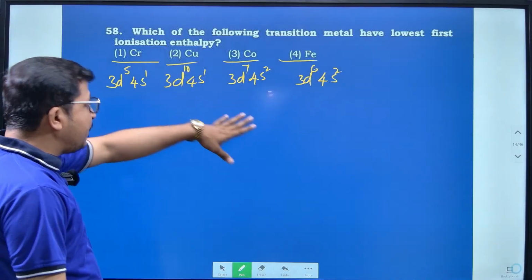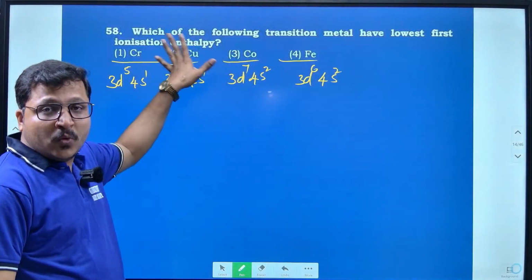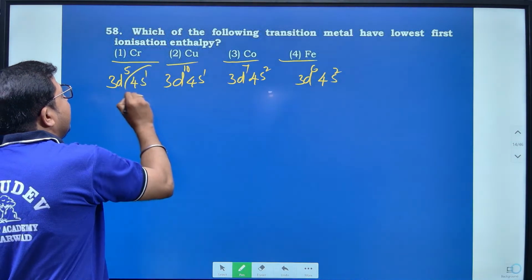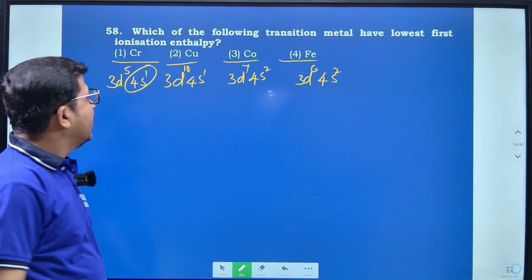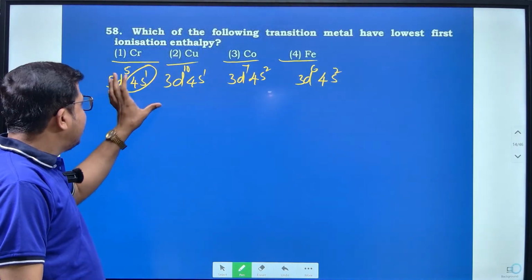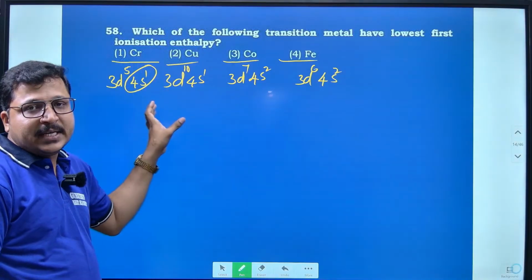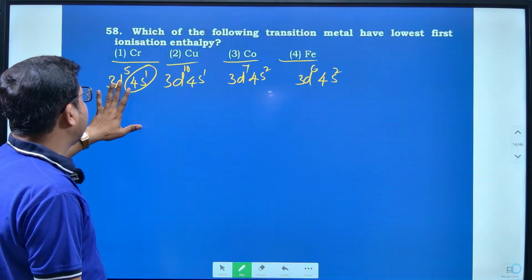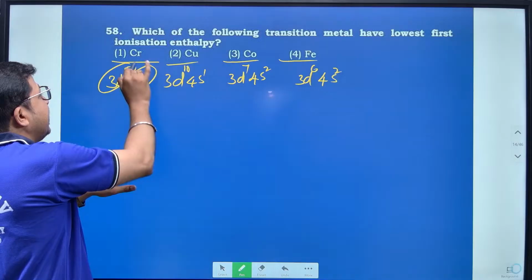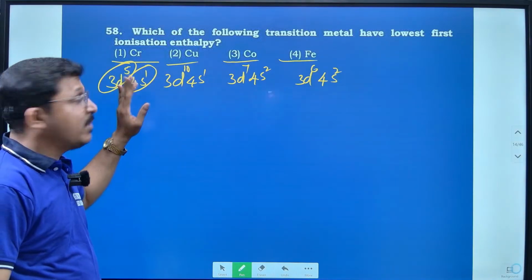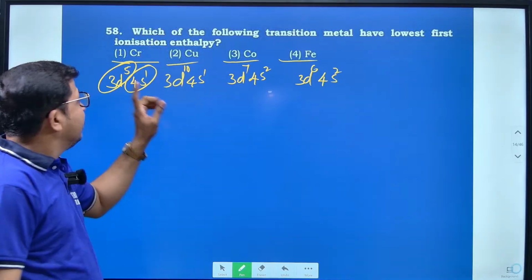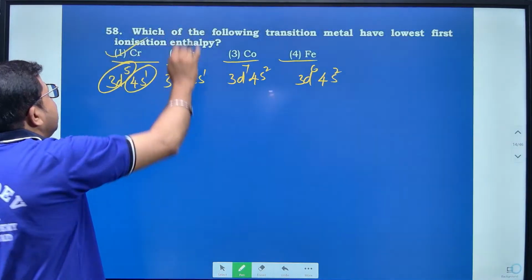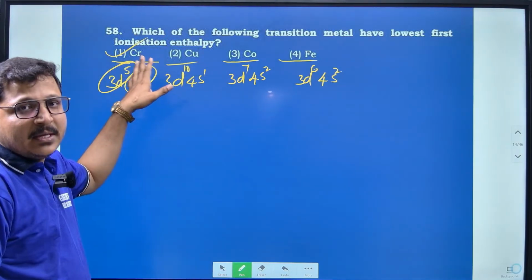So in this configuration, chromium is the element having the lowest ionization enthalpy, because according to the NCERT textbook, removing the first electron from chromium is very easy. But the second ionization enthalpy of chromium is maximum, because the d orbital is half filled, while the s orbital is not affected by removing an electron. Hence the first ionization enthalpy of chromium is least.